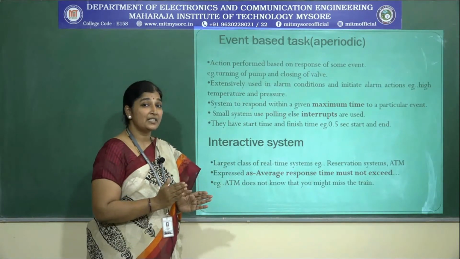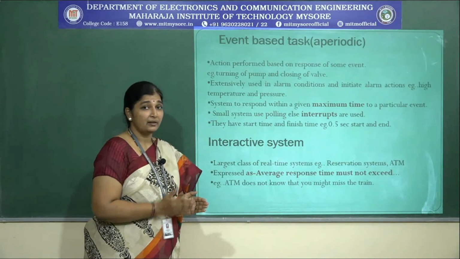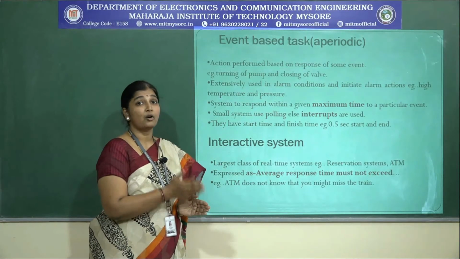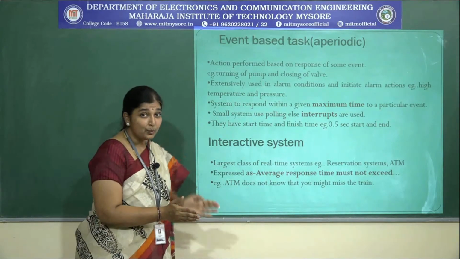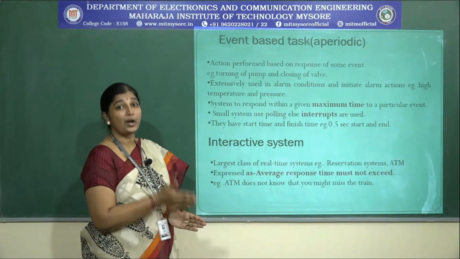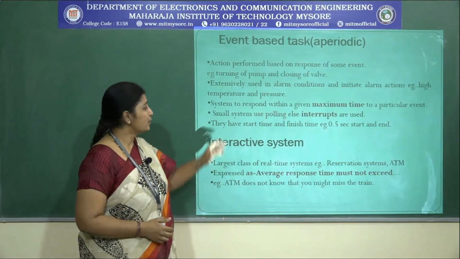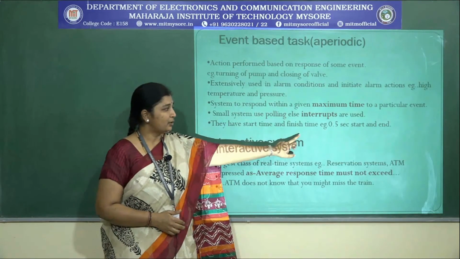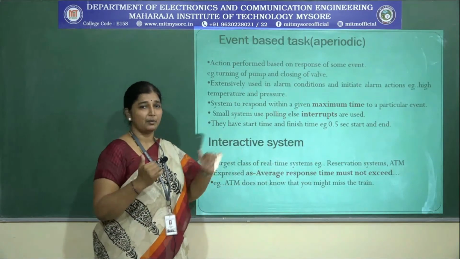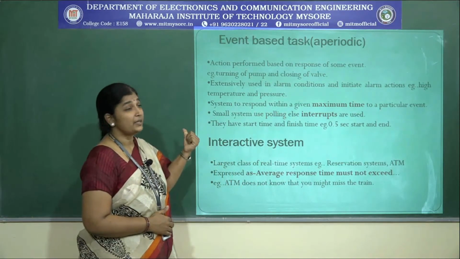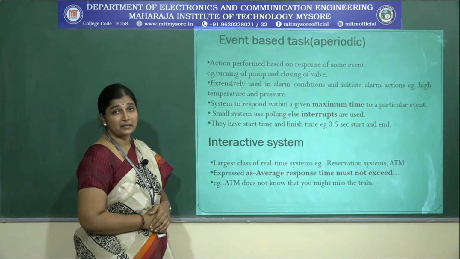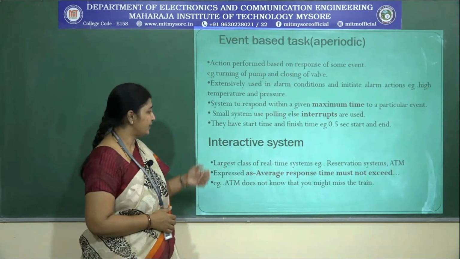There could be an event where the finish line is reached and the world record could be broken within 0.5 seconds. It is well within that bound. You have to get your world record, right? So you have a maximum and a minimum, or you can say a start and an end, in the case of an event-based task, which is aperiodic in nature.